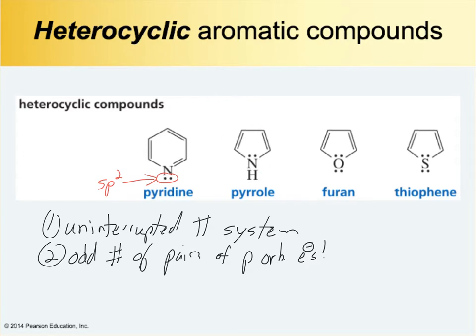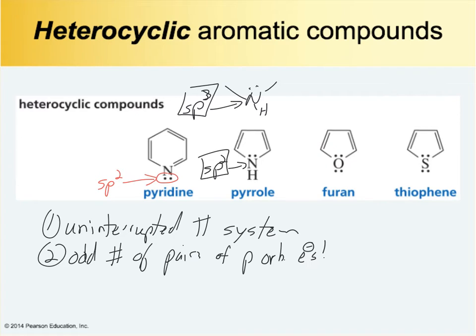Let's look at this pyrrole. Now this nitrogen right here. Normally this nitrogen, we would say is sp3 hybridized. It has no pi bond, so it's sp3 hybridized. But in this case, this nitrogen is going to choose to be sp2 hybridized.